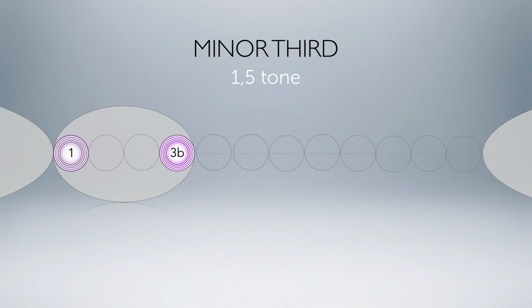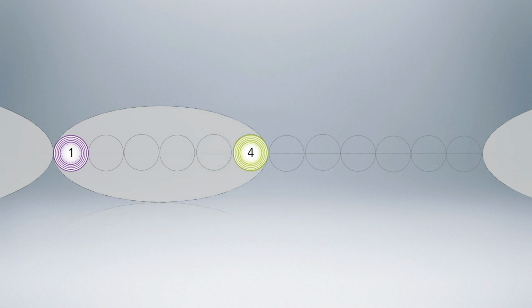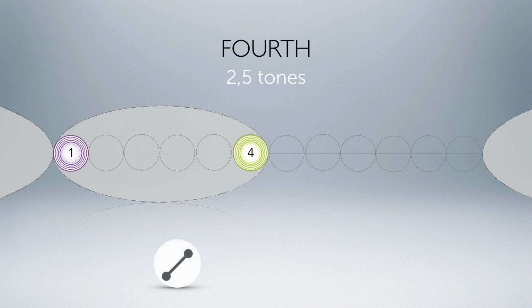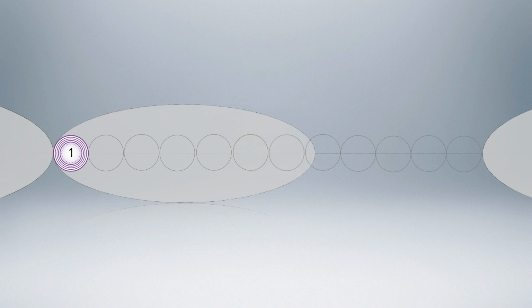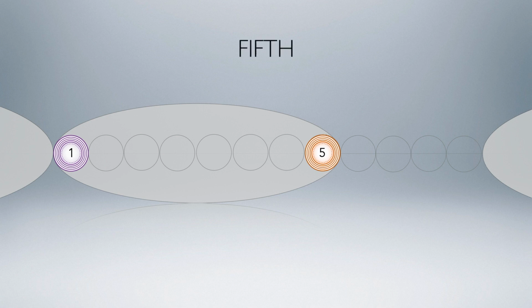The interval between the first degree and the fourth degree is simply called fourth. This interval has a distance of 2.5 tones. The interval between the first degree and the fifth degree is called fifth.